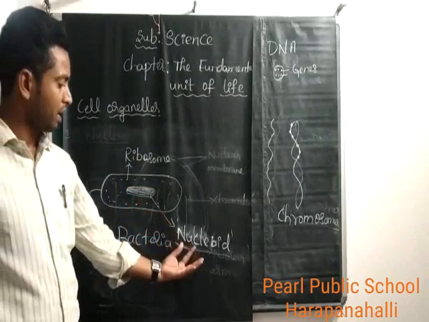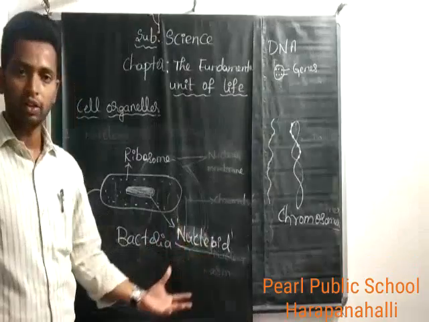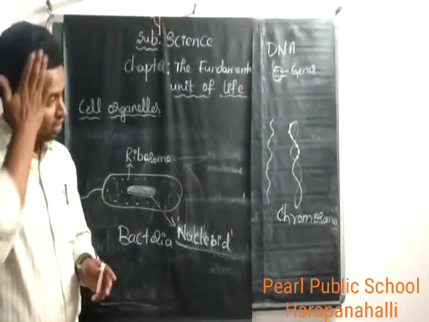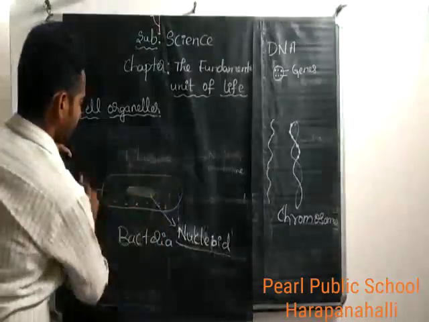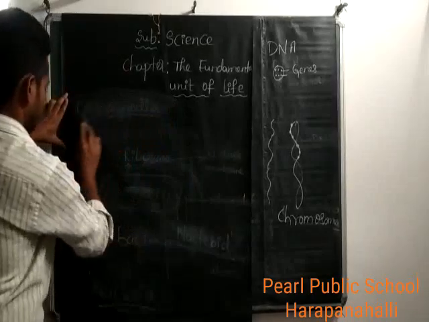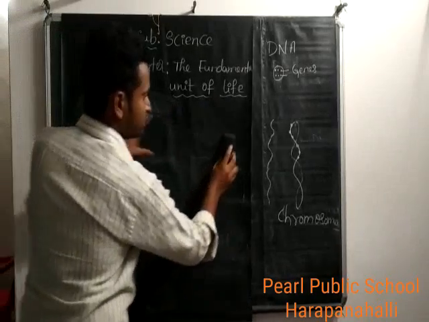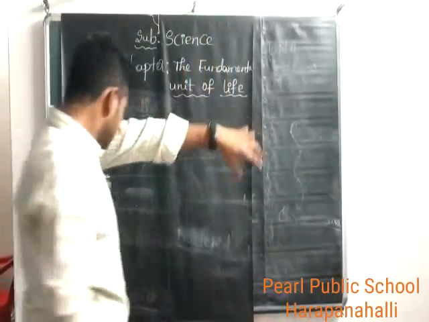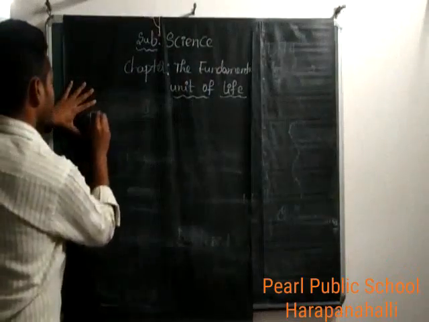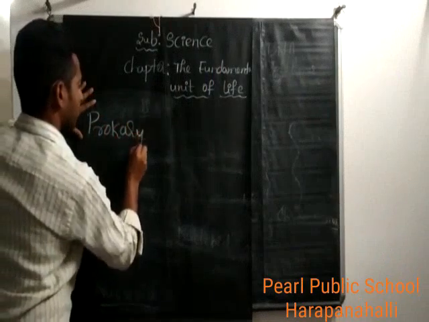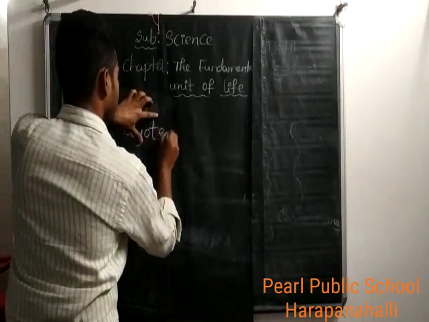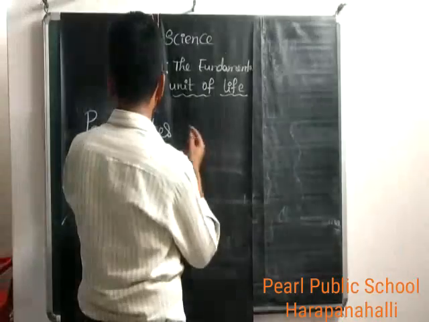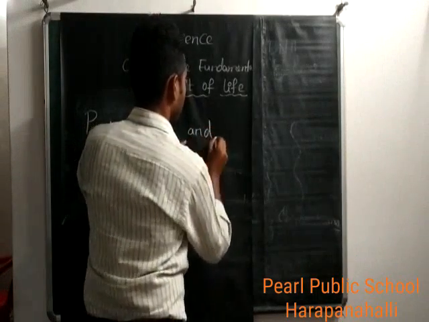And depending upon the nucleic acid or the nucleoid present in the cell, we classify cells into prokaryotic cells and eukaryotic cells, that is, prokaryotes and eukaryotes.